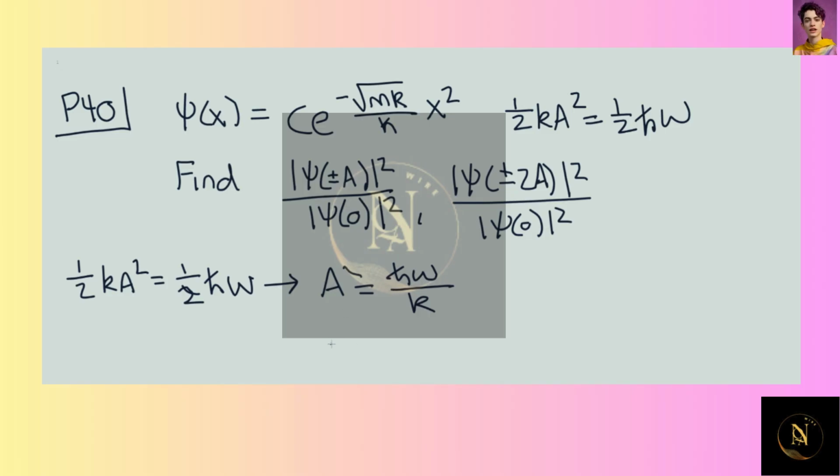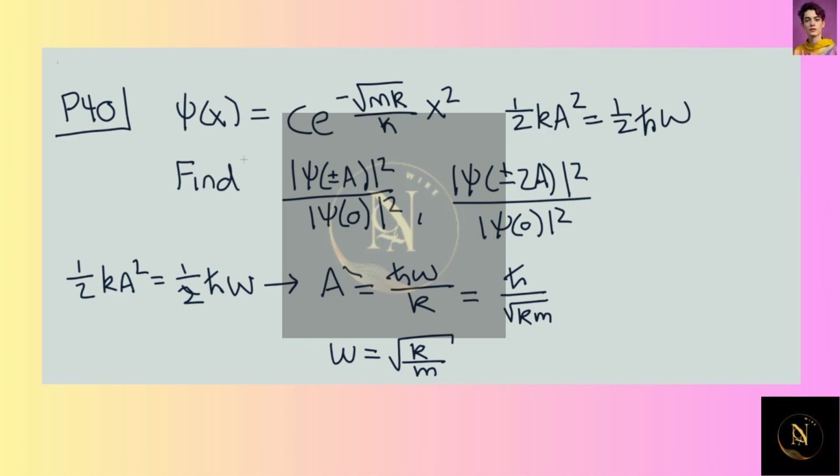From this point, we can make note that omega is equal to root k over m, just from some classical oscillator physics. So once we get that in there, we have h bar over root km, and we can take a square root of that to get A by itself.